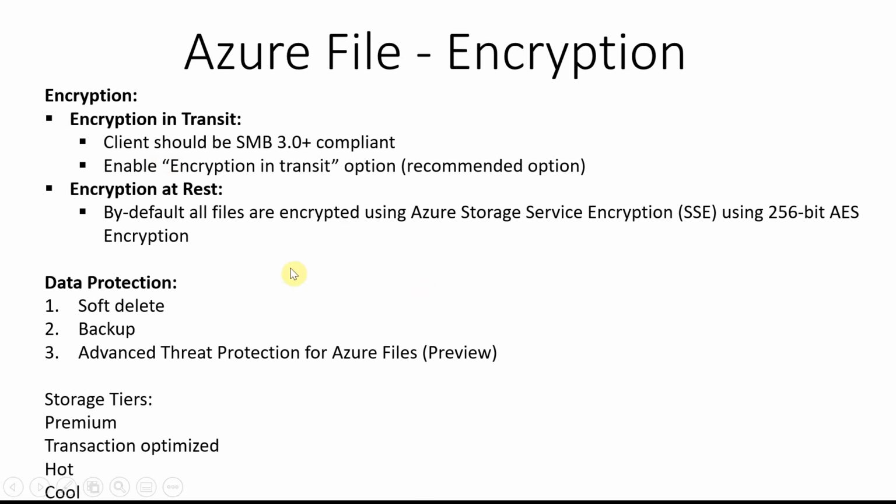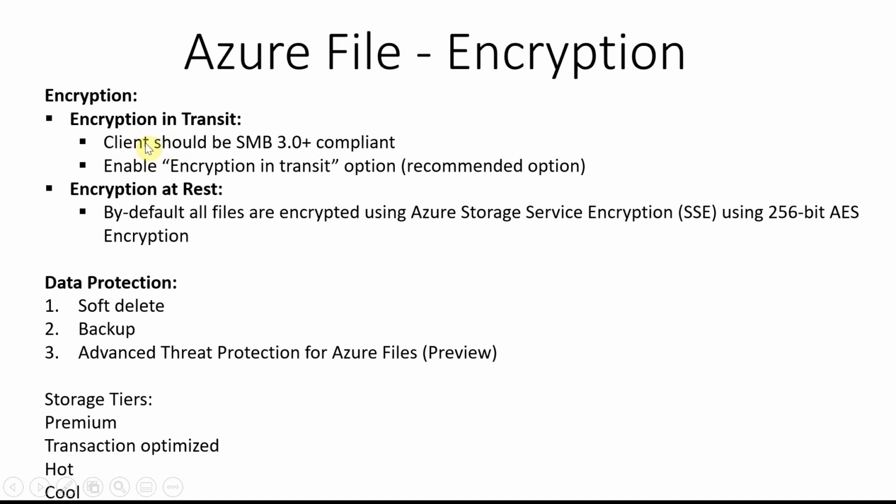This SMB protocol mandates requirements for the client, and it imposes some restrictions on how the files should be encrypted and how the client should access these files. When I say client, it could be your Storage Explorer, which I will show you, or it could be your program, your Java program or .NET program using the Azure SDKs.